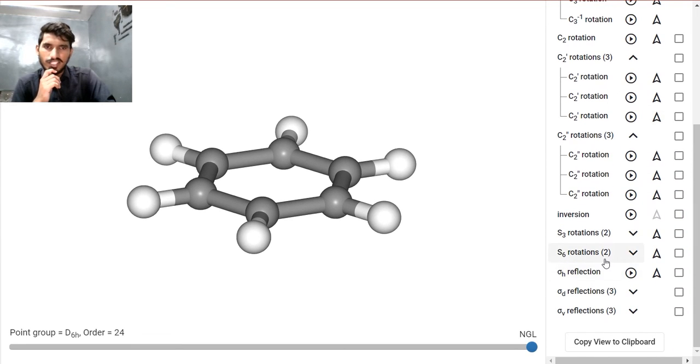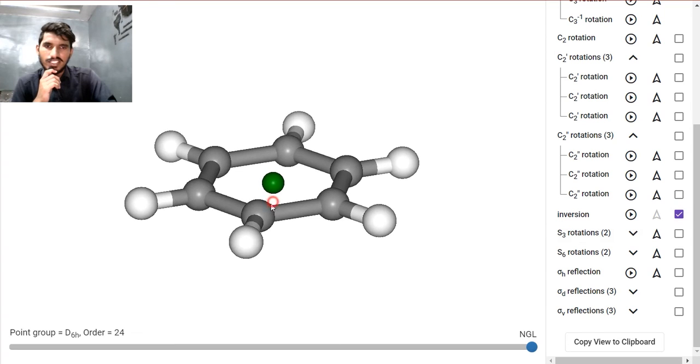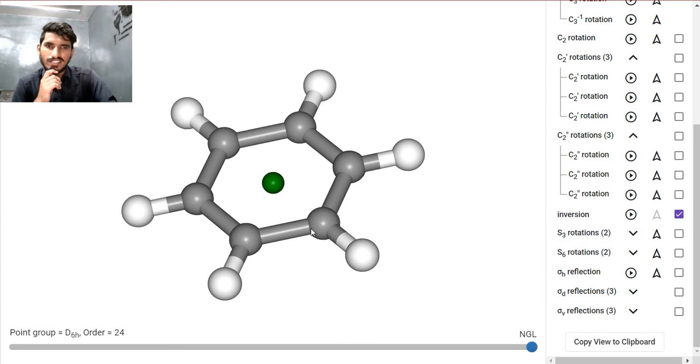Moving on towards the inversion. As you know, inversion does exist in the molecule of benzene. Inversion means that each atom will replace the opposite atom. This atom will go all the way through to this atom. Similarly, this atom will go to this atom, and this atom will go towards this atom, and the opposite atoms will go towards the opposite carbons. Let me explain it with the help of the animation.